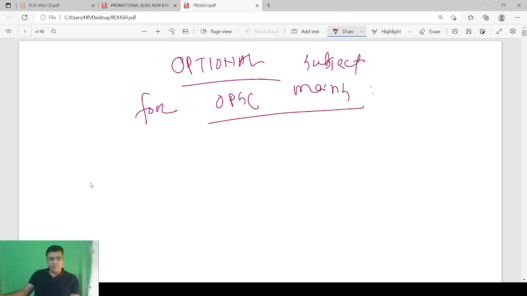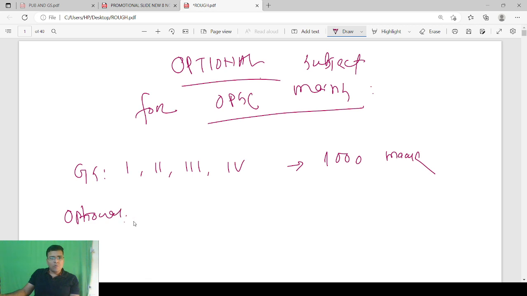As we all know, according to the new syllabus, general studies consists of 4 papers, altogether 1000 marks, and optional by now is one optional having paper 1 and paper 2, consisting of 500 marks.